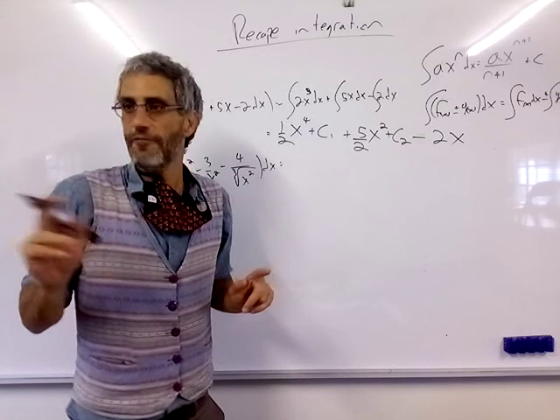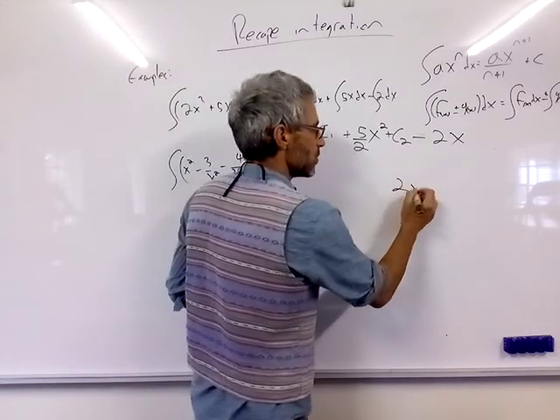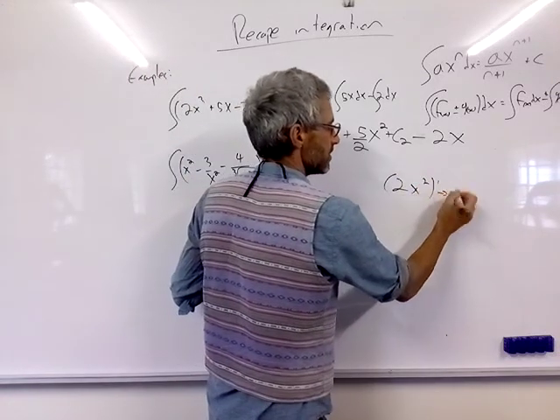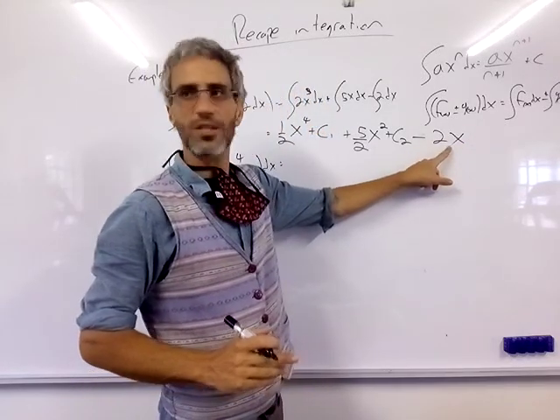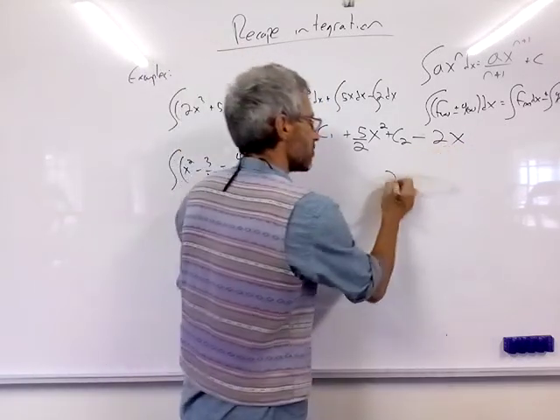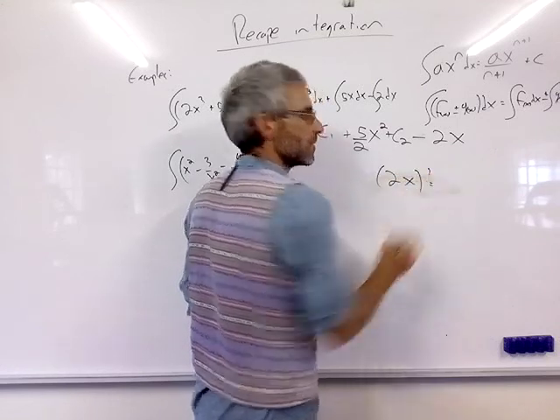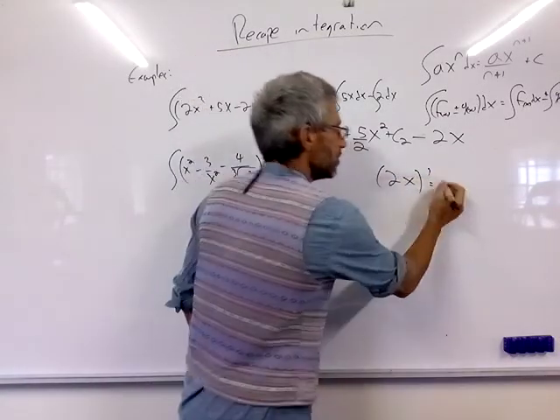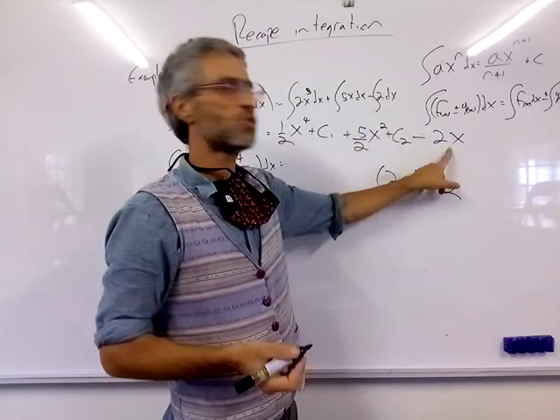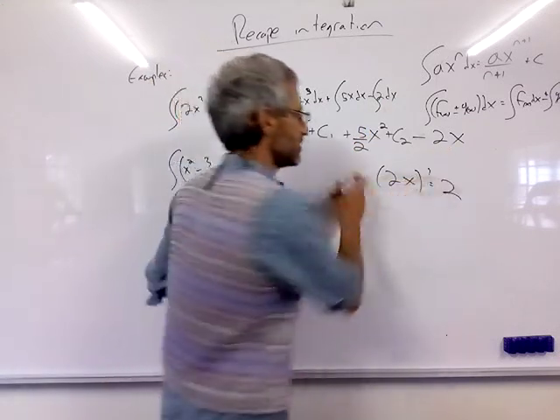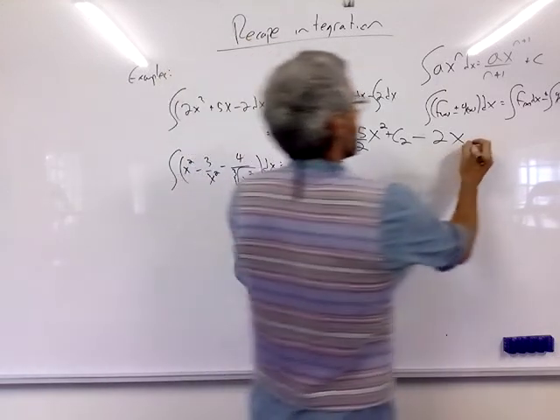If it was 2x squared, 2x squared is the derivative. Yeah, 2x. Okay? Because if you do the derivative of 2x, what's the derivative of 2x? Just 2. So if I just had 2, the antiderivative is 2x. Okay? Alright. And I'll add its own c3.